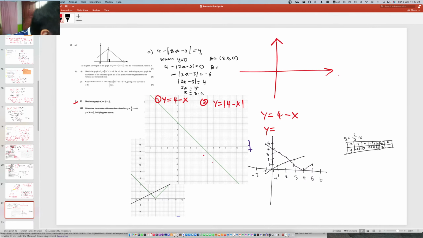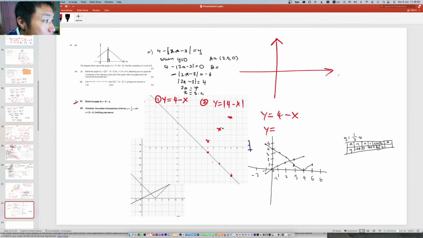So I will pick this. This is my minus 1, so the minus 1 will go to 1. By the way, flip means it has to be a reflection or symmetry. So minus 3 will give me 3. So minus 5 will give me 5. So 3 points is good enough.